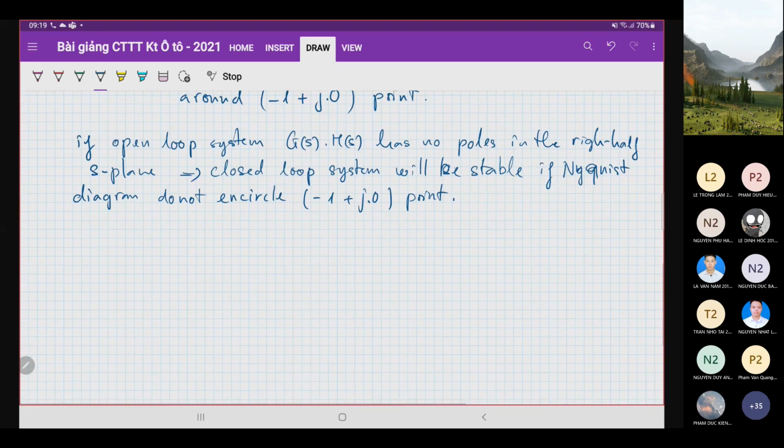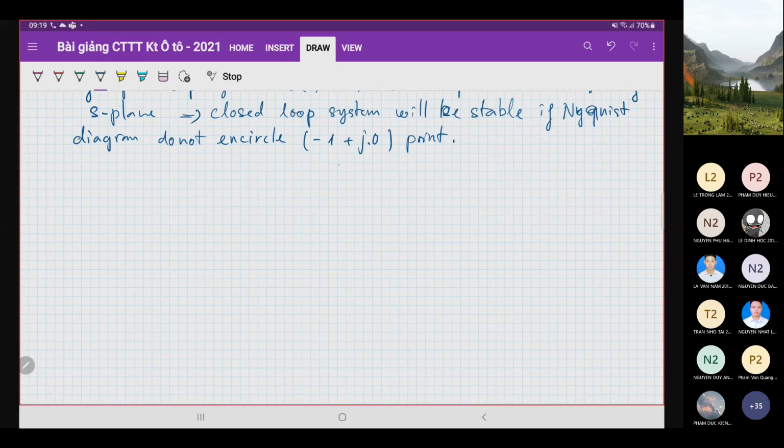Just to illustrate, for example, we draw the diagram with the real and imaginary axes, and here is the point -1 plus 0j.